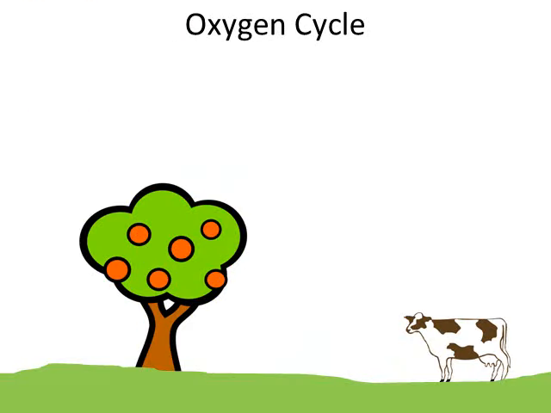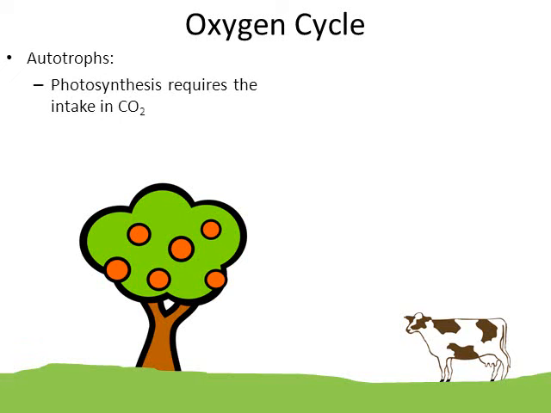So as we now switch to the oxygen cycle, I don't have a specific video for the oxygen cycle because this is pretty quick and pretty basic. But the tree represents photosynthetic autotrophs, and photosynthesis requires the intake of carbon dioxide. Again, plants have those stomata, which I mentioned during the water cycle. And when the stomata are open, they can take in carbon dioxide simply from the air.